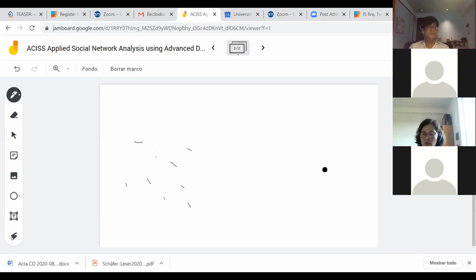Okay, so those are nodes. Let me change color. Links are red. So I have a social network with nodes and links.